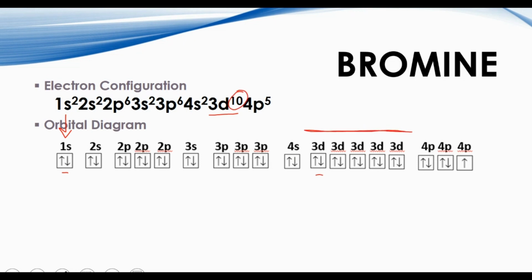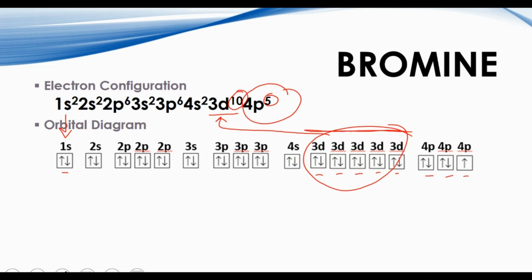So 2, 4, 6, 8, 10. So this entire section right here represents visually that 3d10. Now this last portion, 4p5, we have the 4p right here on the right side, and there are 5 electrons in it. So there are 2, 4, 5.